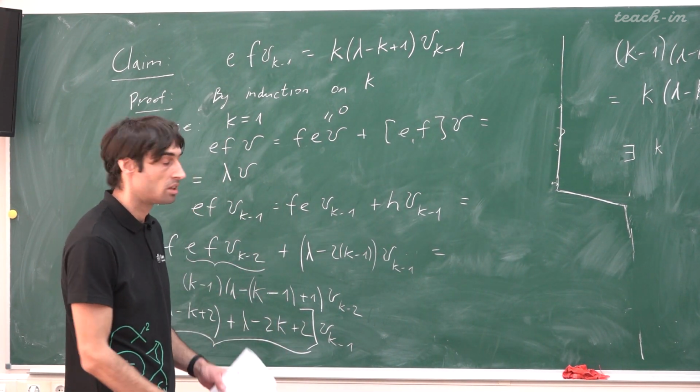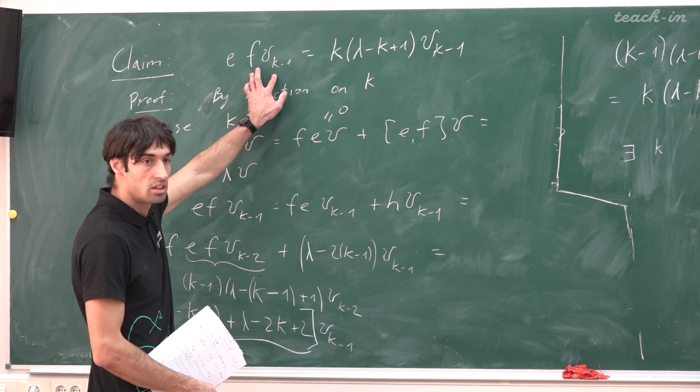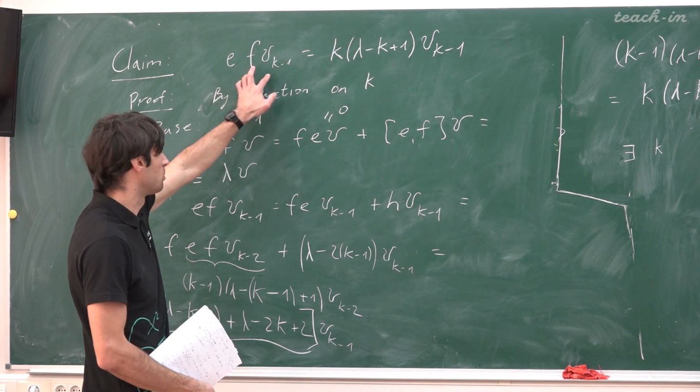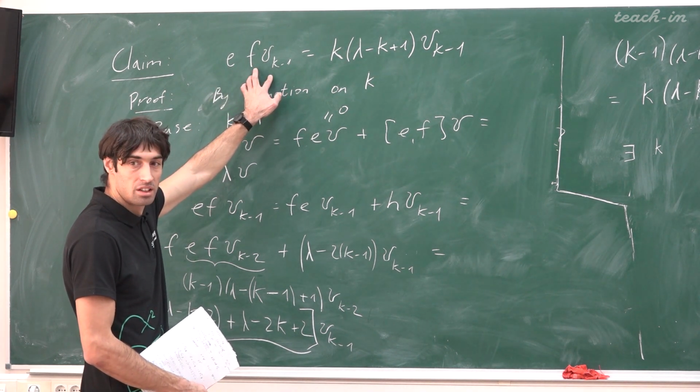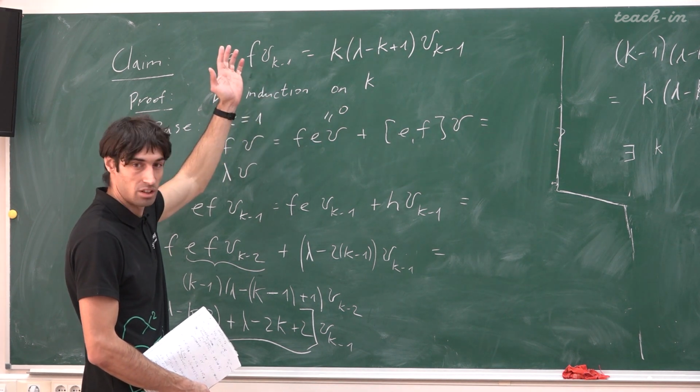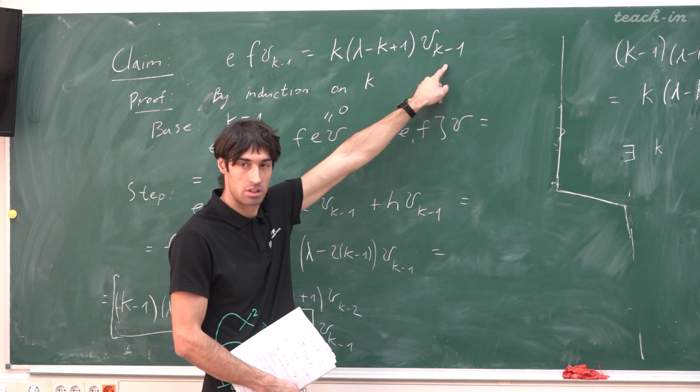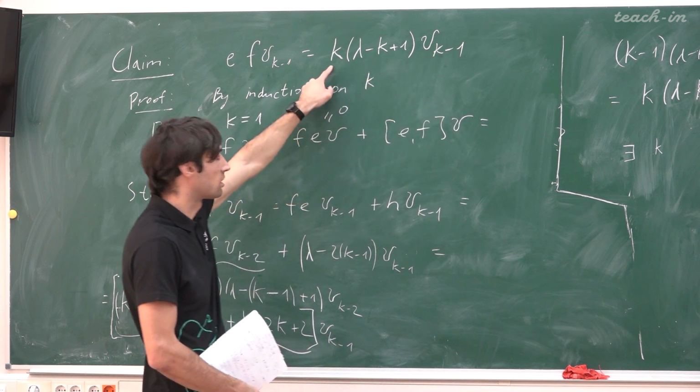Of course, if I apply E to v k, then it's again 0. But v k minus 1 is not 0. So therefore this factor should be 0.